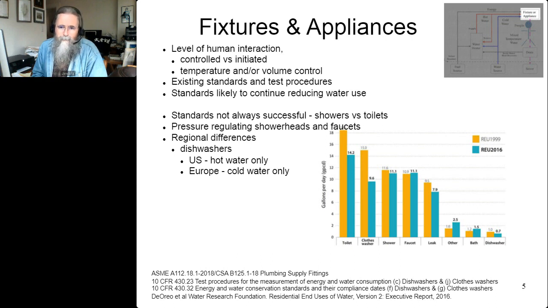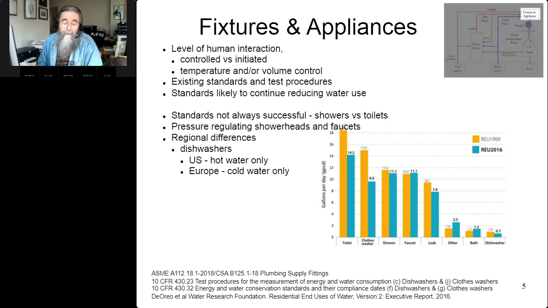If you look at this chart, which hopefully you can see better than I can, you'll see that for toilets and clothes washers, between 1997 and 2016, there was a significant drop in water use, hot water or water use. And that was due to the standards. So that's the impact of standards.